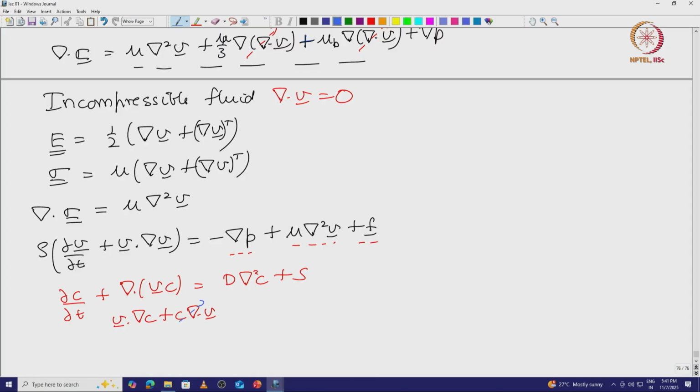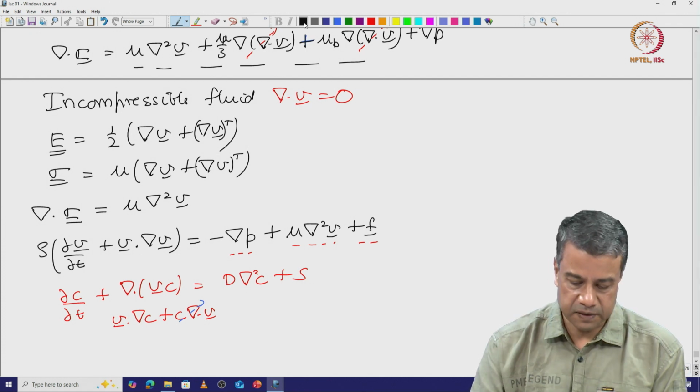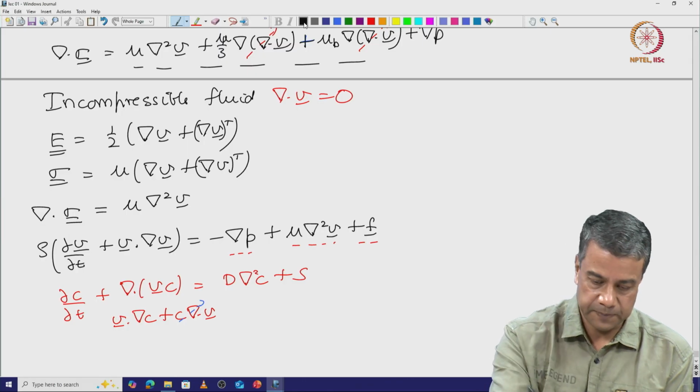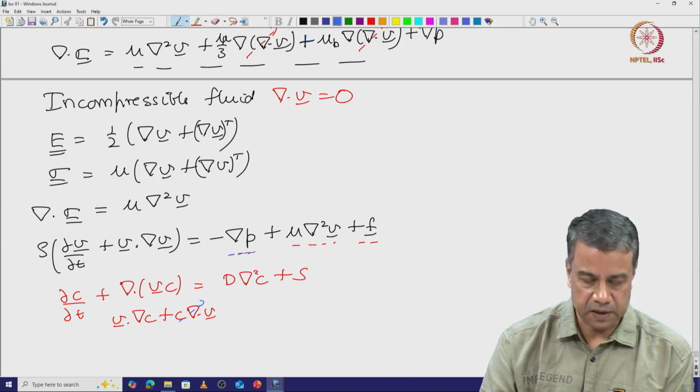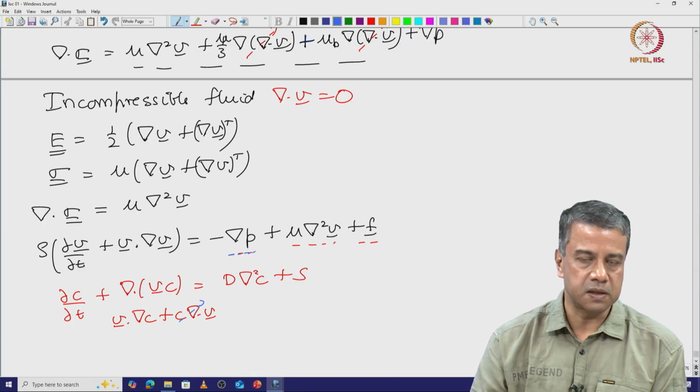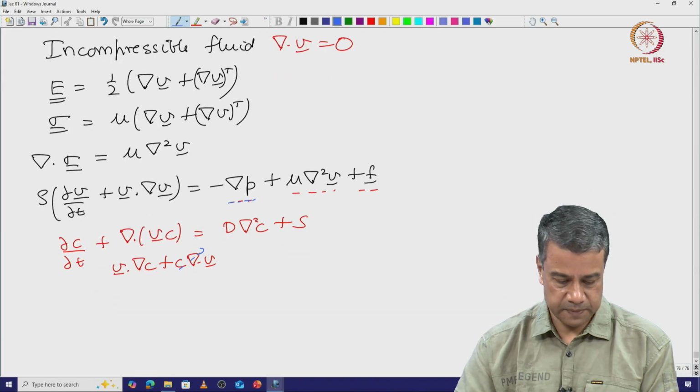So, it has exactly the same form except that the concentration, which is a scalar, is replaced by the velocity, which is a vector. So, that is one difference. And the only other difference is the gradient of the pressure, something which is not present in concentration and temperature equations.